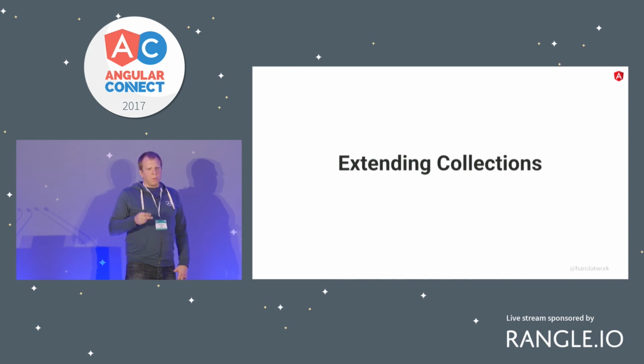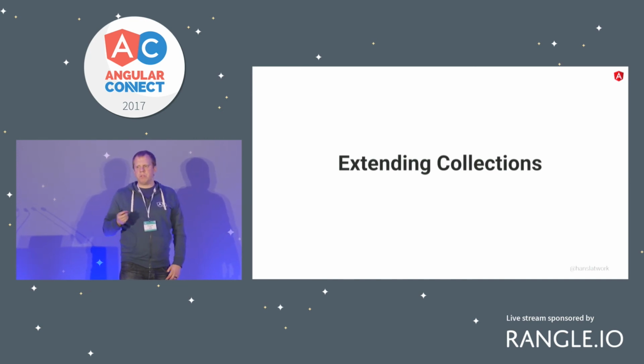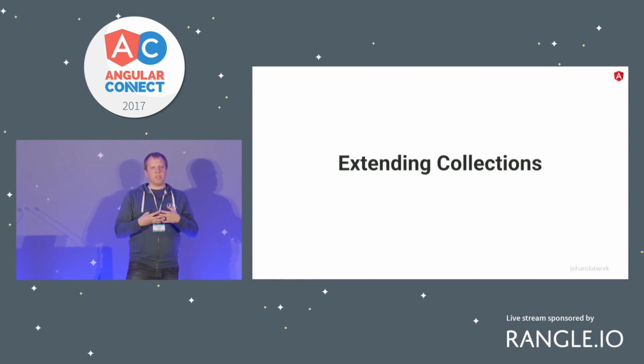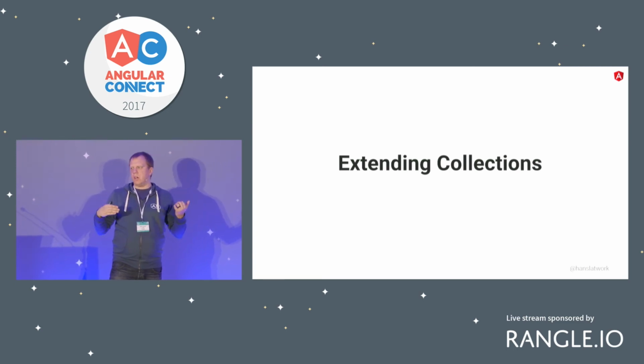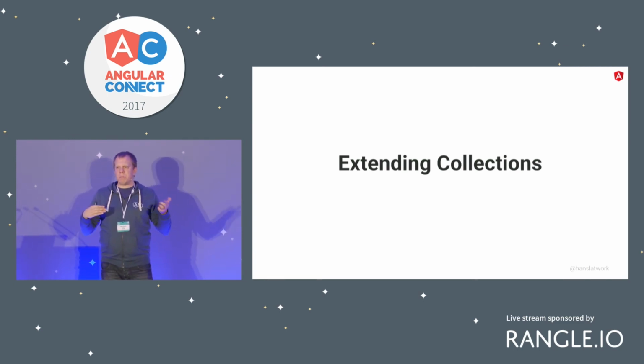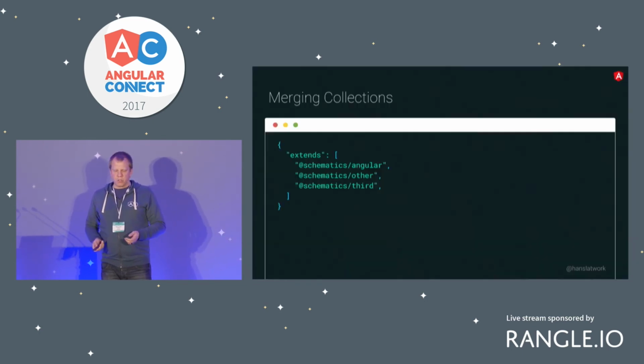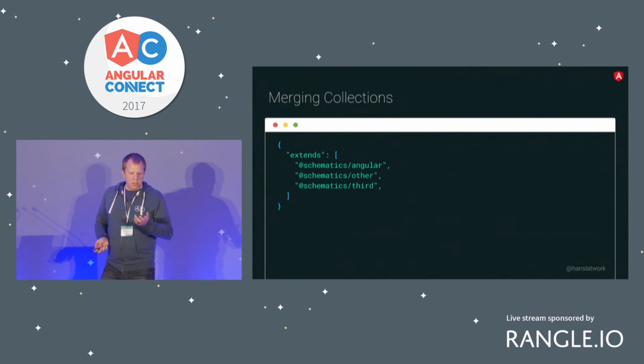One part of reusability is that you want to change just one part of a collection that already exists. Like you want to change our components, but you still want to keep the others, like generate module, generate spec, generate interface. You want to keep all of those as is. So you want to extend the collection.